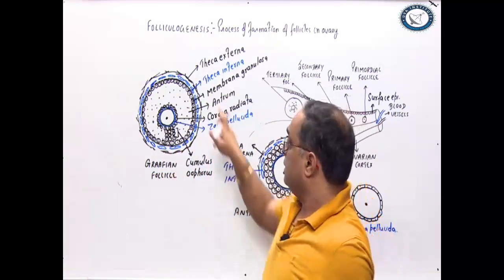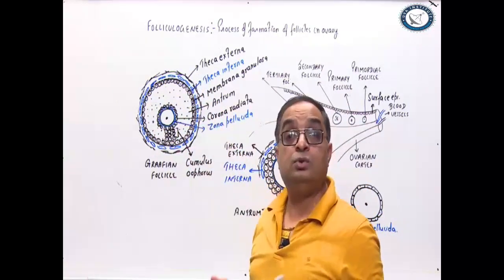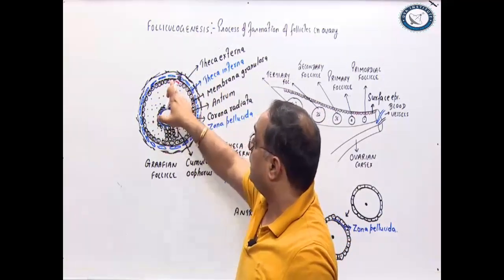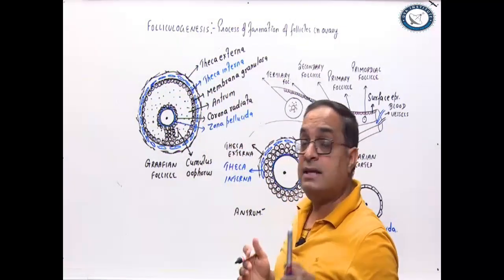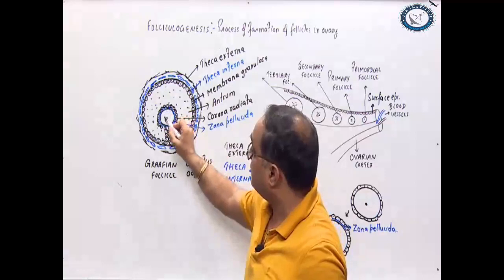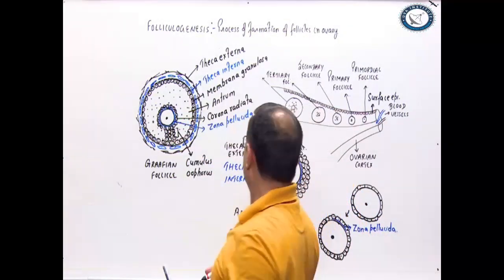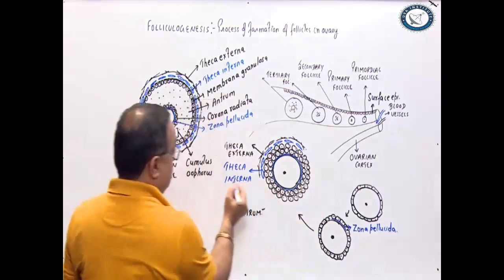Is it clear? Right? So this structure, the diameter is nearly 2.5 centimeters, quite a big structure. The wall of Graafian follicle then ruptures and the secondary oocyte, this oocyte which is inside, is released, and that process is called ovulation. So just look at this.